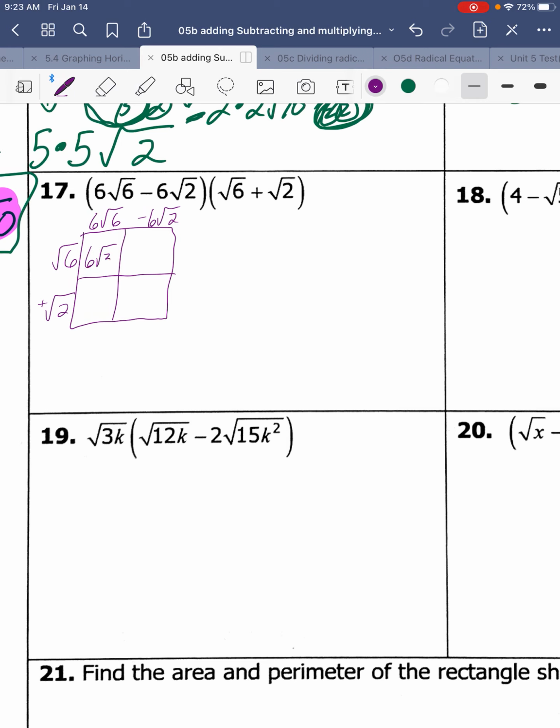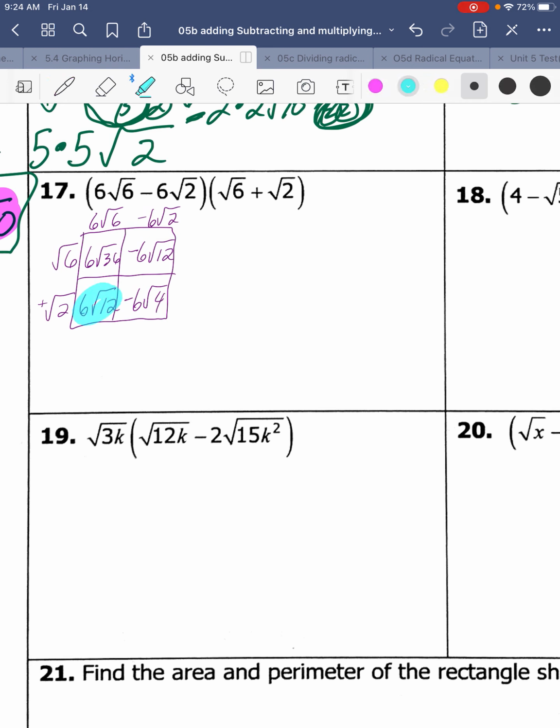That's a lot of 6 square root of 36. Square root of 6 times a negative 6 square root of 2. That's going to be a negative 6 square root of 12. And then 6 square root of 6 times a positive square root of 2 is 6 square root of 12. And the last one, negative 6 times, that'll be a negative 6 square root of 4.